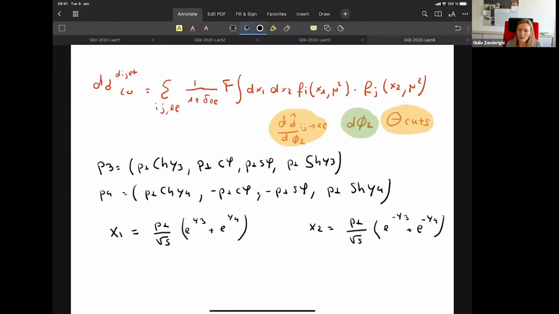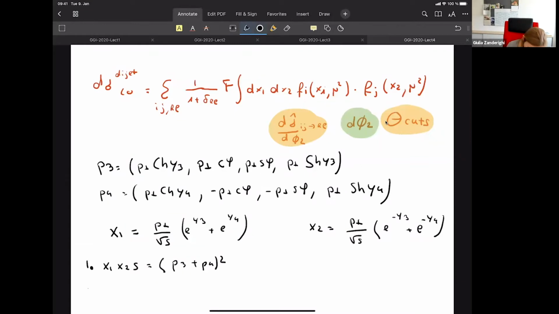So how does one show this? Well, in essence, you impose that x1 x2 s, the center of mass energy, this is the s hat, should be equal to (P3 plus P4) squared. This is the first relation that you use. And then you need a second one to find x1, x2.